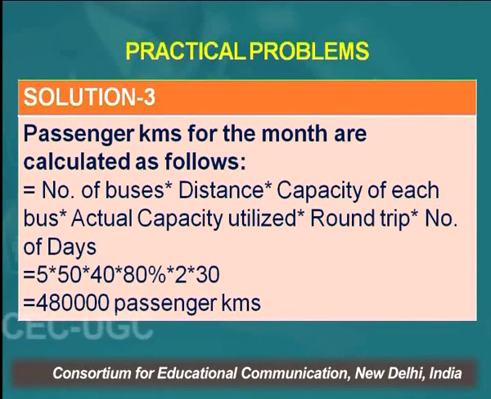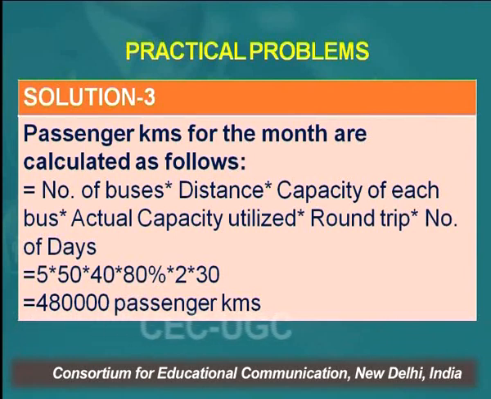So number of buses into distance into capacity of each bus, into actual capacity utilized, into round trip, into number of days. In our example there are 5 buses, and the distance between the two towns is 50 kilometers. So 5 into 50 into 40. What is this 40?